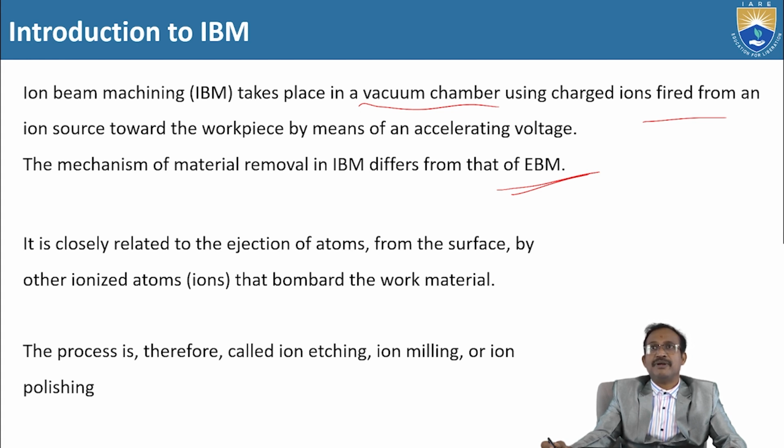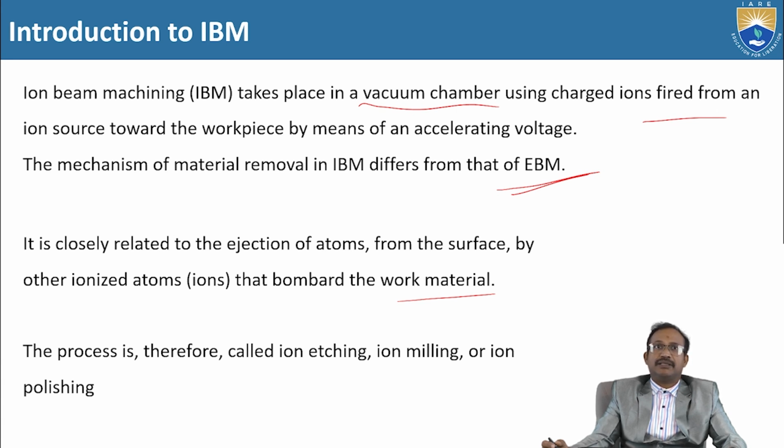It is closely related to the ejection of atoms from the surface by other ionized atoms, nothing but ions, that bombard the work material. So here, instead of the impact of a laser beam, the ions will bombard the work material to remove the work material.